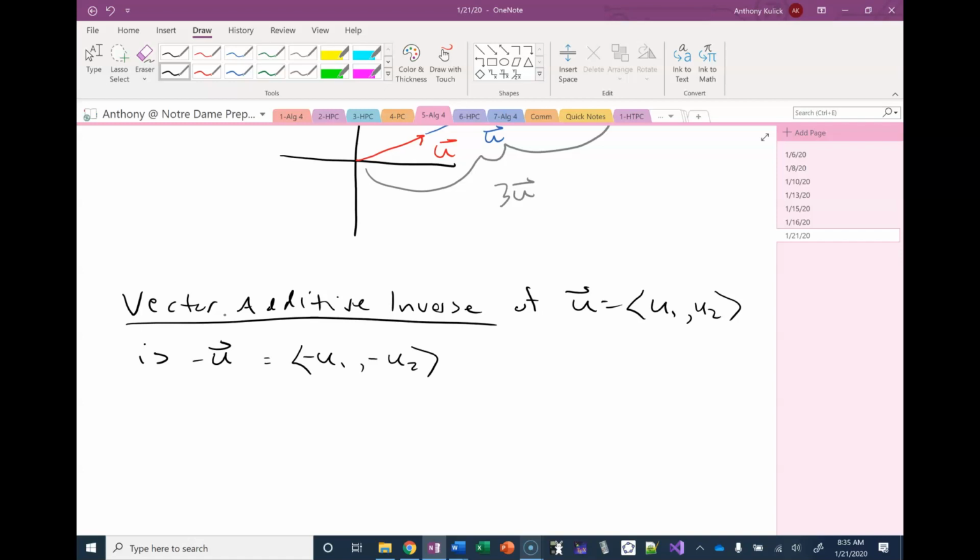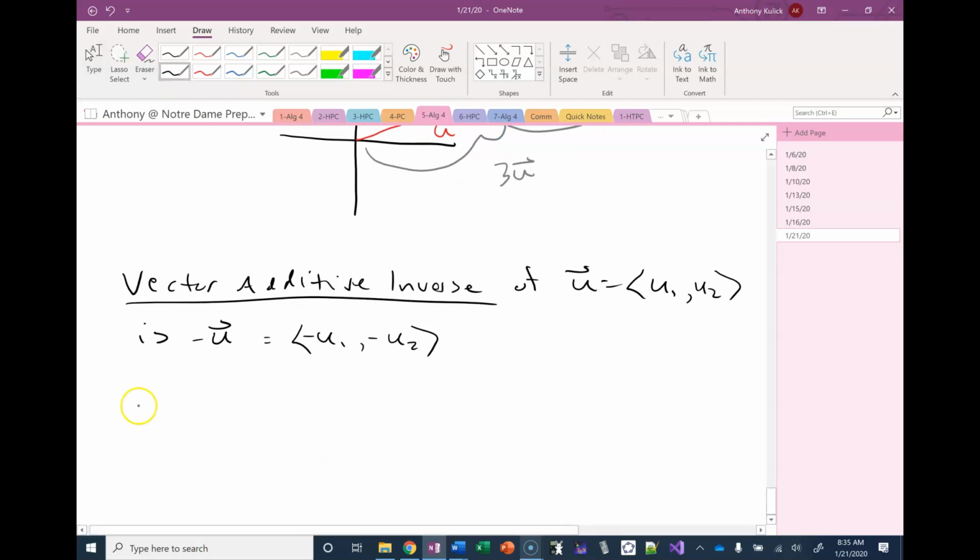A 1, really. This is -1 times the vector u. Is everybody okay with that idea? Okay. So now that I have that, that allows me to define vector subtraction. Because just like for real numbers, we can think of subtraction as adding the negative. We can do the same thing for vectors.